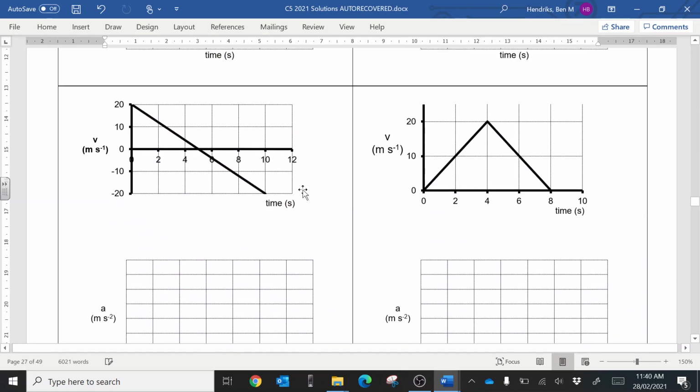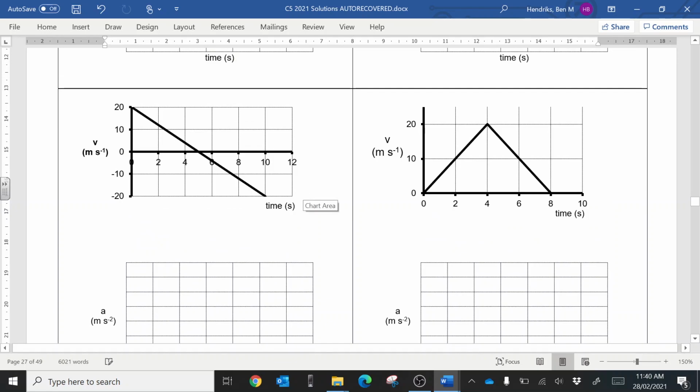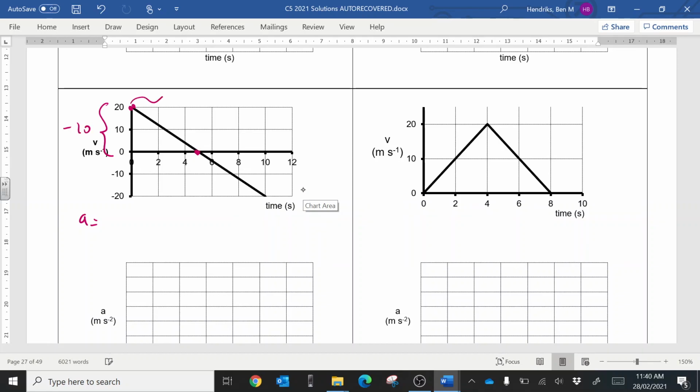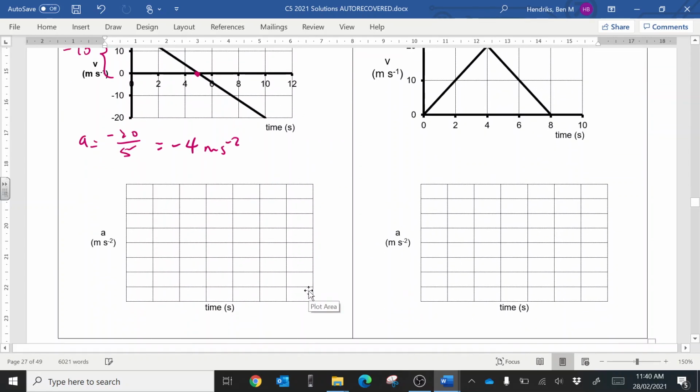Okay, so this one again is just a constant gradient. A equals, let's just do the rise over run this time. We did these before. It goes down 20, so it's a -20 there, and it runs for 5 seconds. So A is equal to -20 over 5, which is equal to -4 meters per second squared. Hopefully you're seeing that for straight lines, it's just a constant line across.